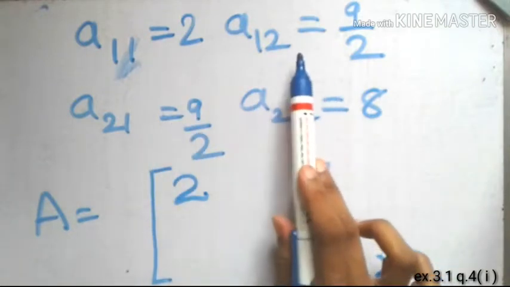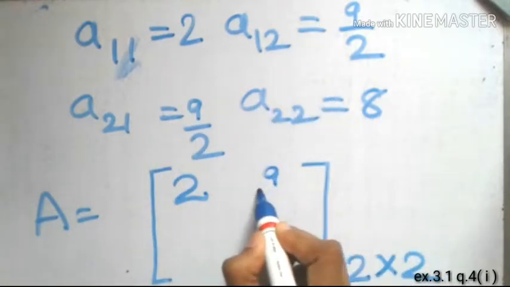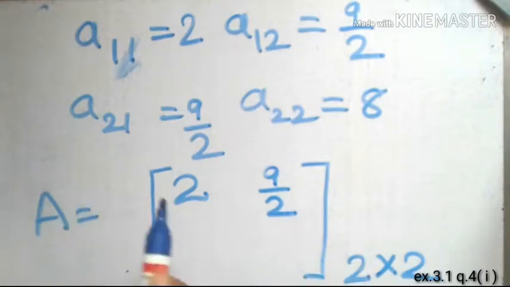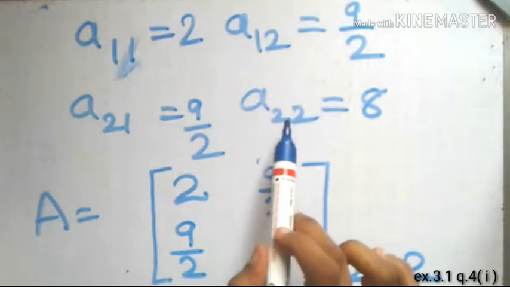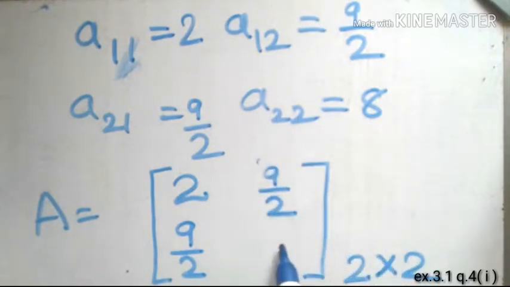First row, second column is 9 by 2. The second row, first column is also 9 by 2. And the last matrix element A22 is going to be 8. So this is my 2 by 2. In fact, it's a square matrix of order 2, and these are the matrix elements.